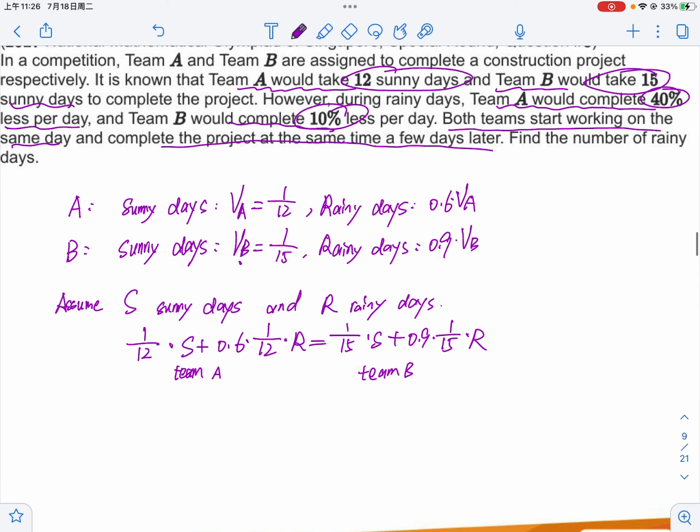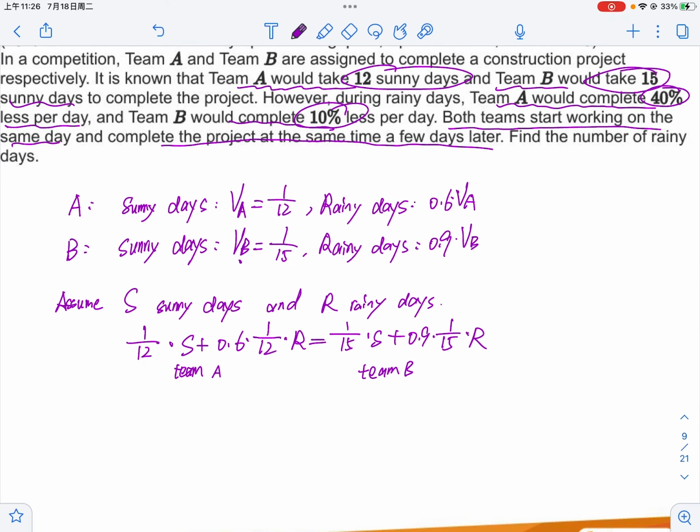So next, what's the other equation? Oh yeah, these two parts complete one project, right? So each should equal 1. Then you can find 1 divided by 12 S plus 1 divided by 20 R equals 1, and 1 divided by 15 S plus 3 divided by 50 R equals 1.